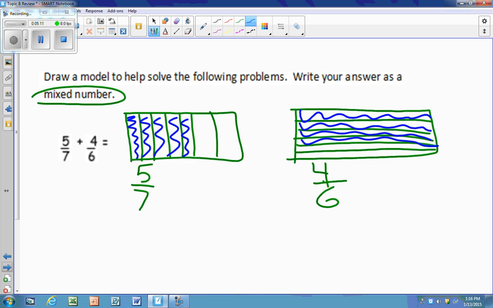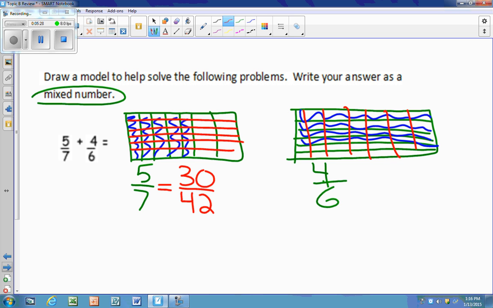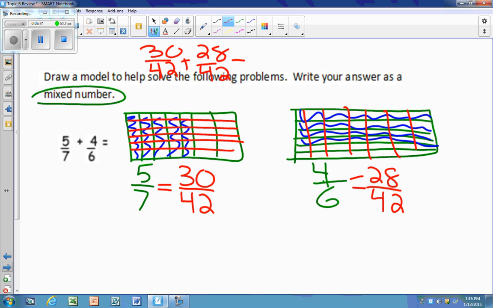And now we're going to put the lines in the opposite direction in order to help us. And we know that our new denominator, all those squares, gives us 42. And 30 are shaded. And in this one we have 42, and 28 are shaded. So our new sentence would be 30/42 plus 28/42, and we end up with 58/42.